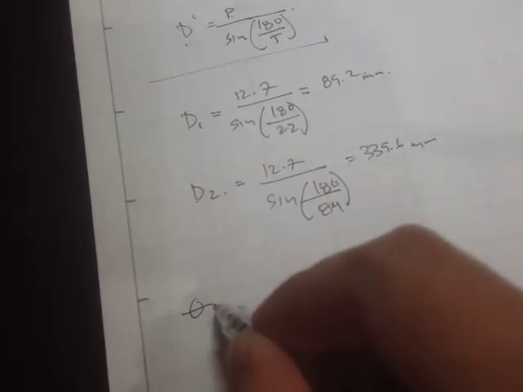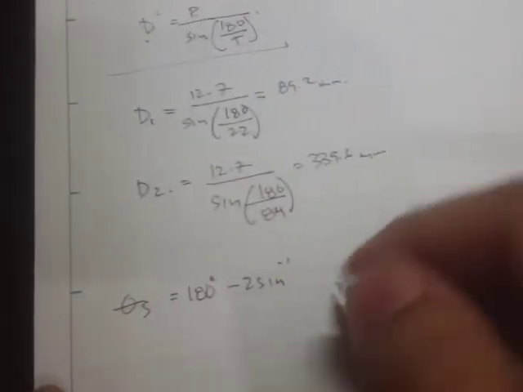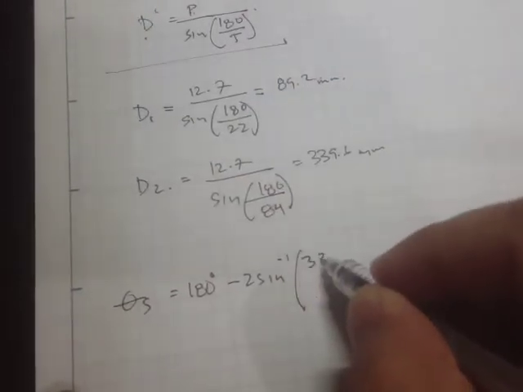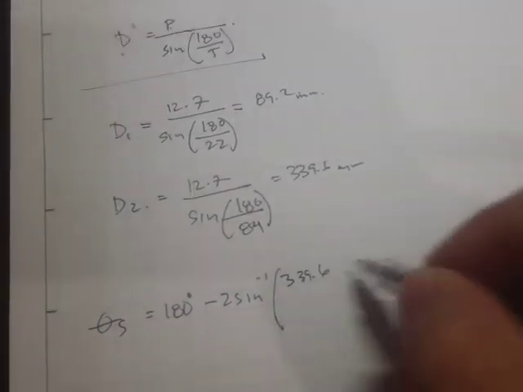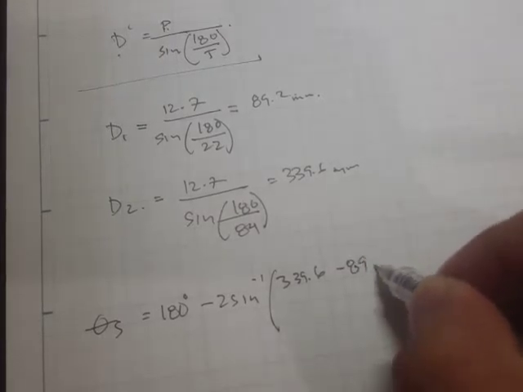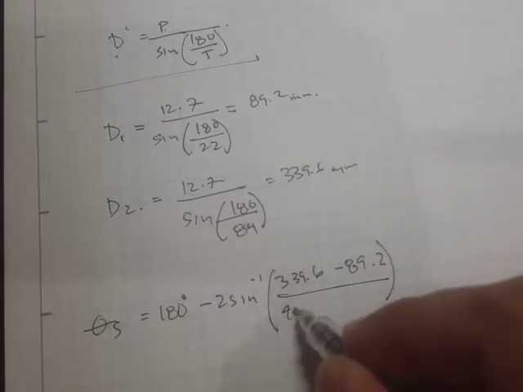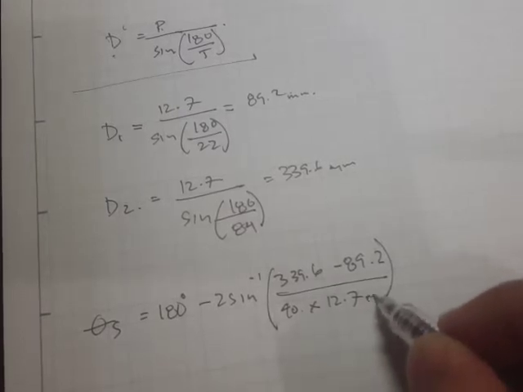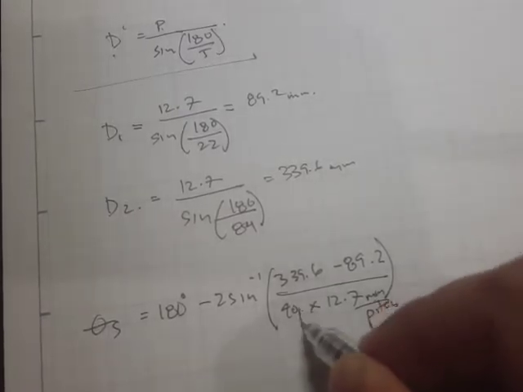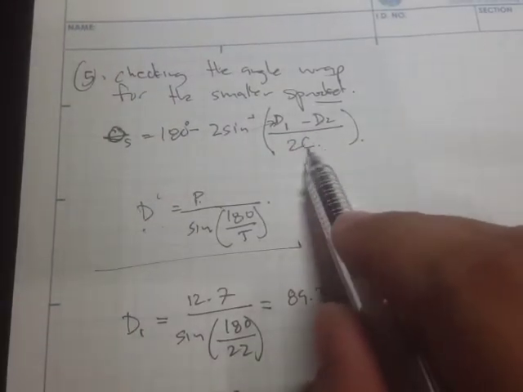Okay, so therefore theta sub s is equal to 180 degrees minus 2 times the arc sine of (339.6 minus 89.2) all over, okay, so this is 40 pitches times 12.7 mm per pitch, because this one should be in unit of length rather than in pitch.